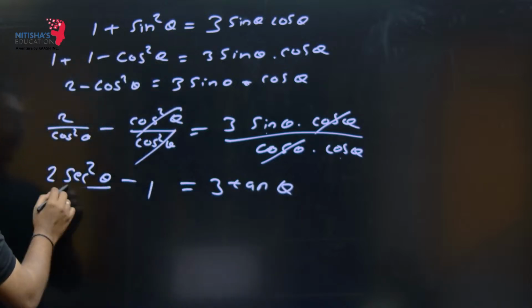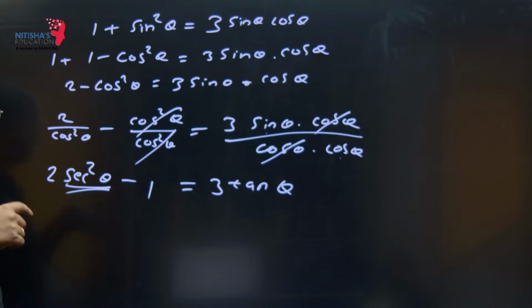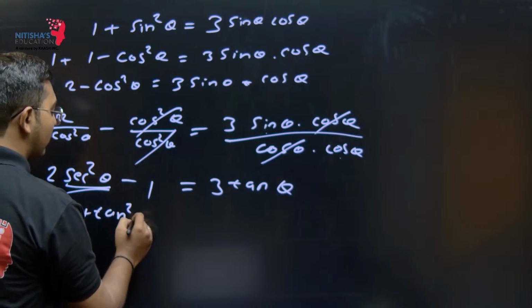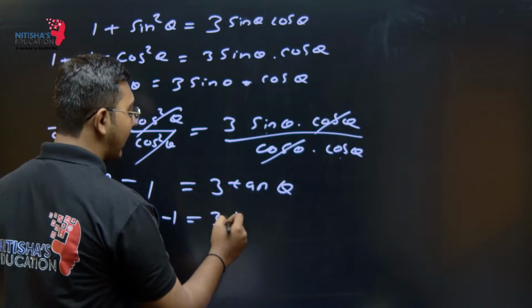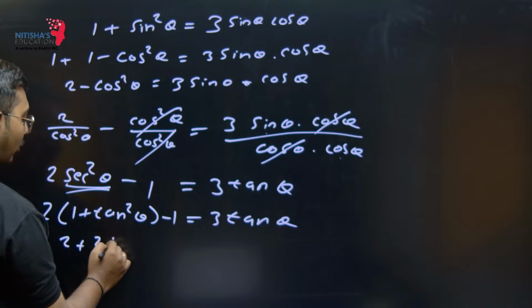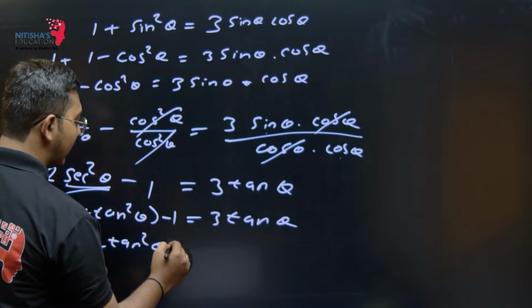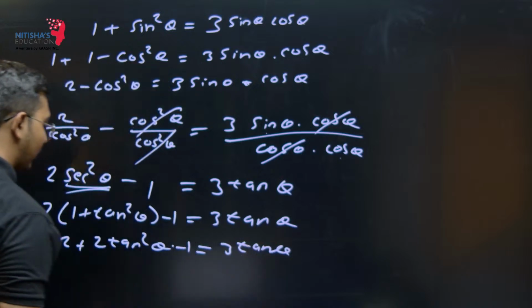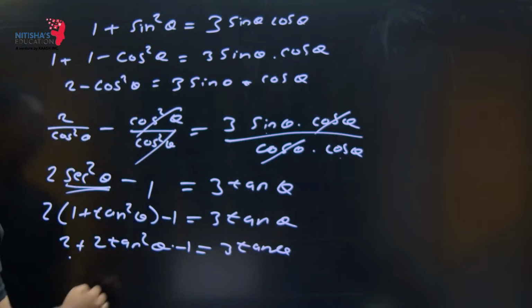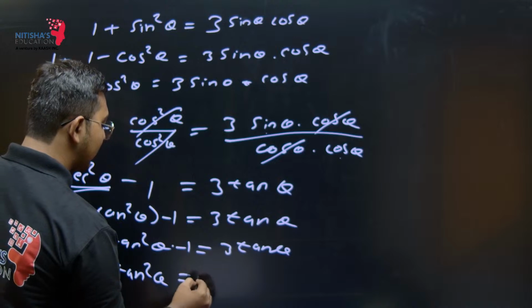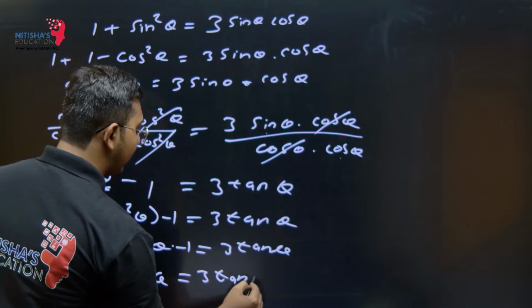Now again sec square theta can be written as 1 plus tan square theta. So 2 times 1 plus tan square theta minus 1 is equal to 3 times tan theta. It will provide you 2 plus 2 tan square theta minus 1 is equal to 3 times tan theta, which is nothing but 2 minus 1 is 1 plus 2 tan square theta is equal to 3 tan theta.